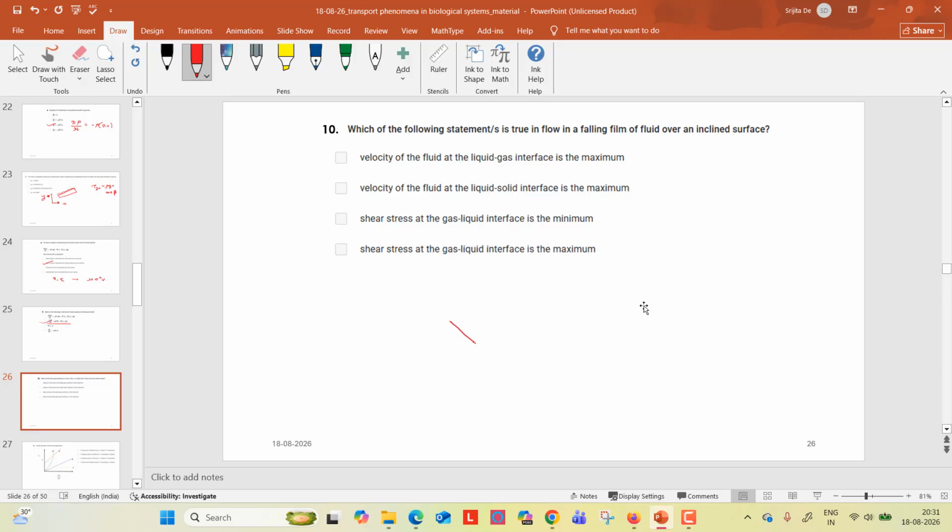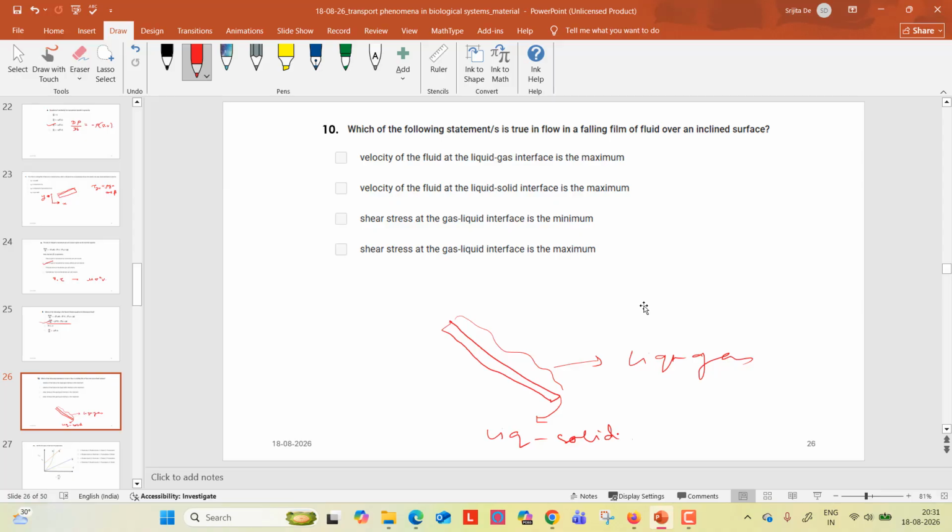So, this is your substrate, right? And fluid is falling. So this interface is called the liquid-gas interface, and this interface right here is called the liquid-solid interface, right? Now, what do you think?